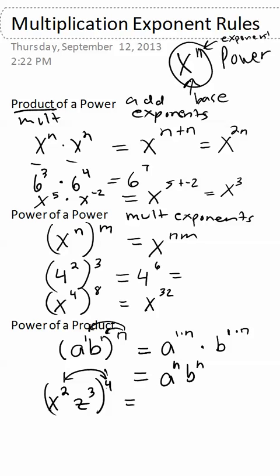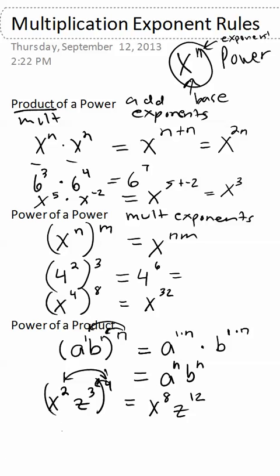I know we're talking about a lot of powers and products, but just remember that you are distributing or multiplying the exponents. So now this one becomes x to the 2 times 4, which is 8, and then z to the 3 times 4, which is 12. So my new product is x to the 8th and z to the 12th.